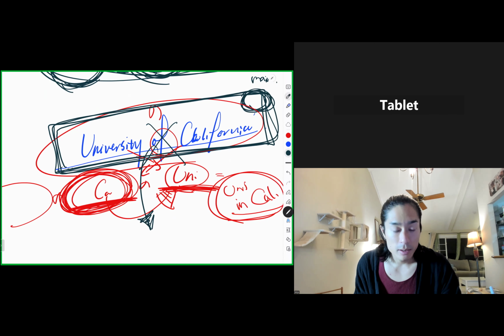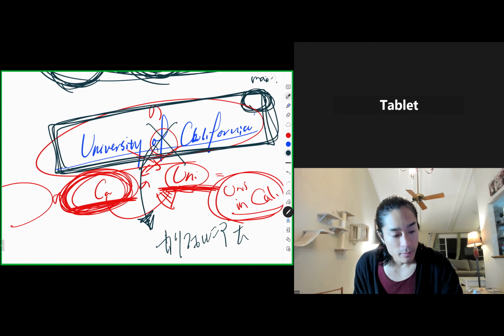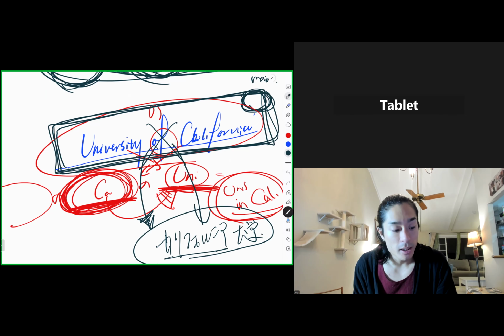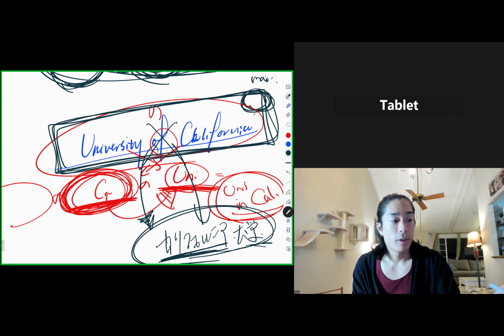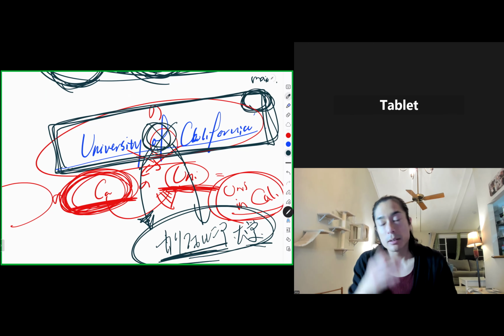In Japanese, the official name of this school is California 大学. We don't even have a particle. That's the correct way.